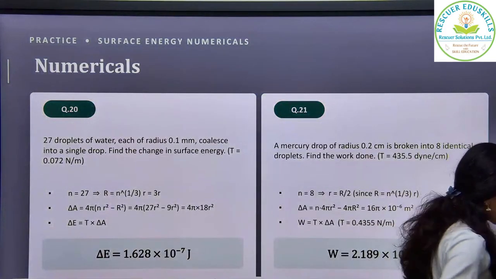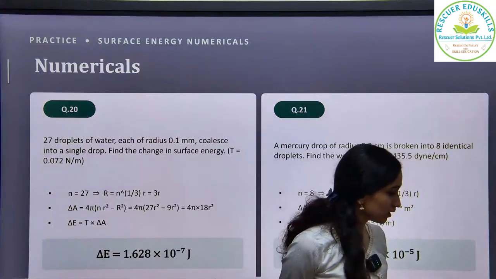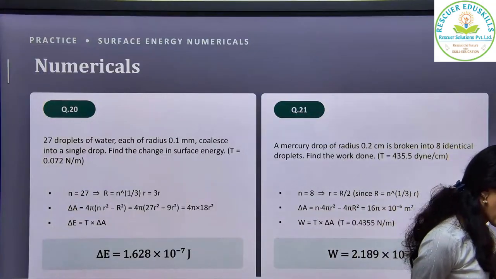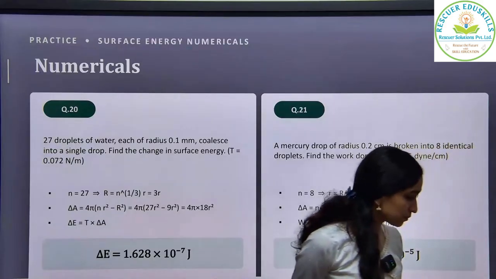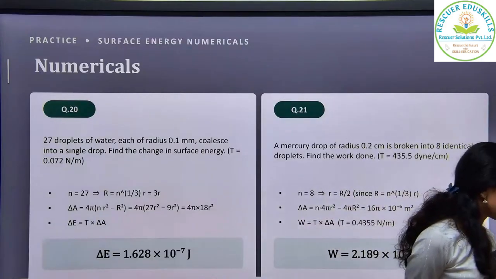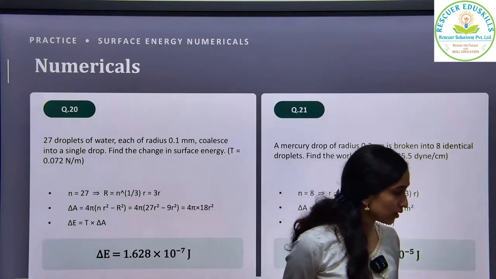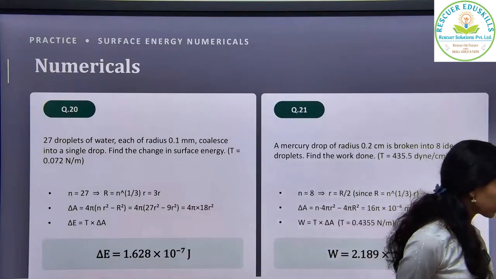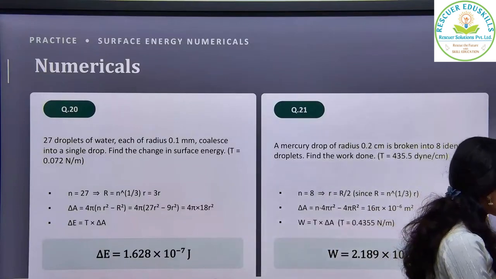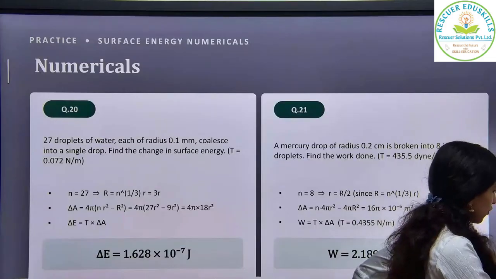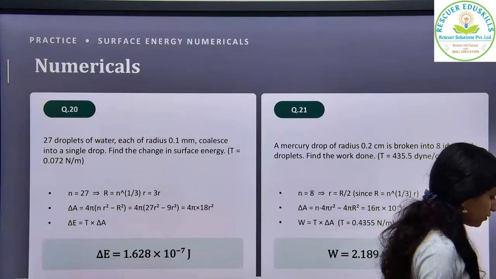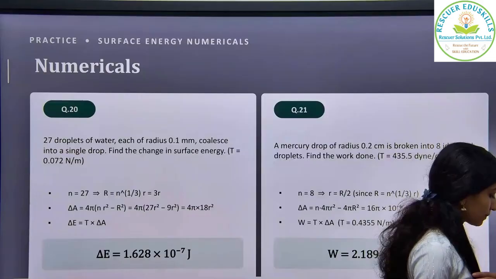Okay, so I will read out the question. "27 droplets of water, each of radius 0.1 millimeter, coalesce into a single drop. Find the change in surface energy. Surface tension of water is 0.072 Newton per meter."